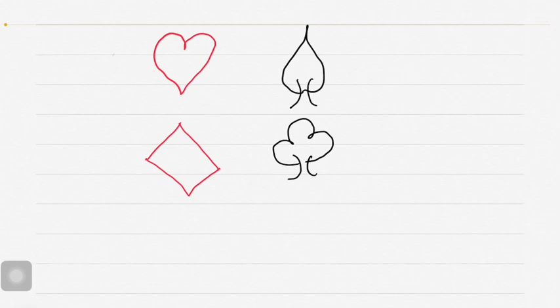So ace, 2 through 10, and then 3 face cards: jack, queen and king. So every sign has 13 cards.